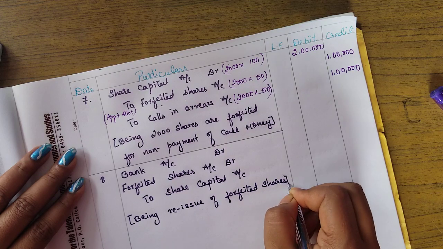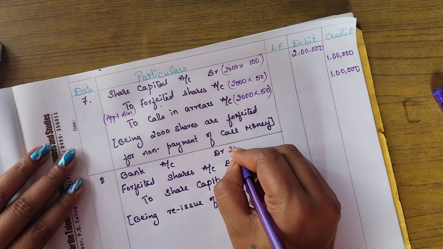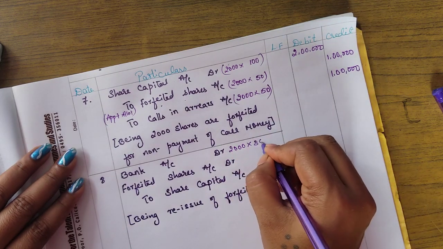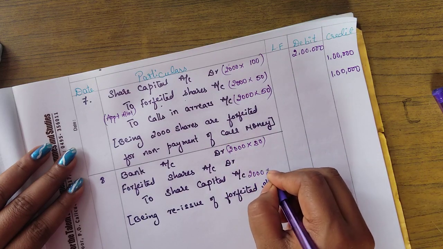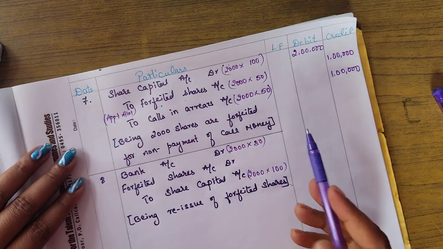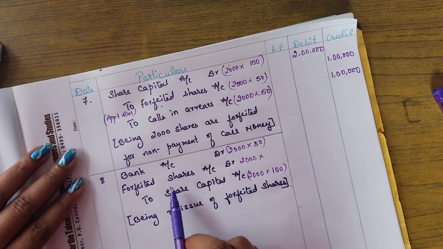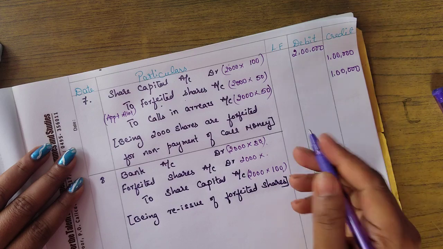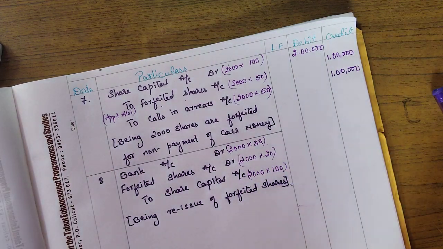Forfeited shares. So the number of forfeited shares is 2000 shares they have forfeited and they have issued at rupees 80. Okay, but the actual value of that share is 100 rupees per share. So how much do they have to adjust here? 2000 forfeited shares, how much will they adjust here? 100 minus 80, that is 20 rupees they have to adjust. 20 into 2000.